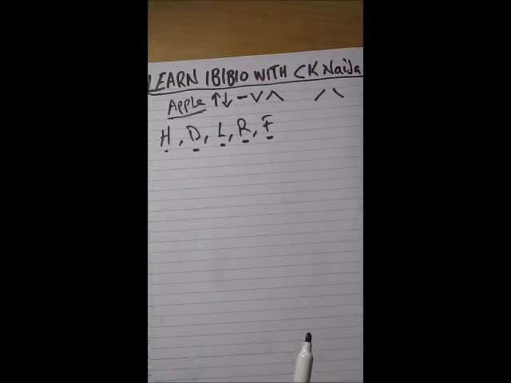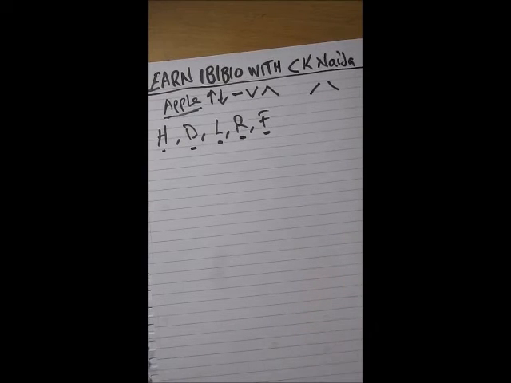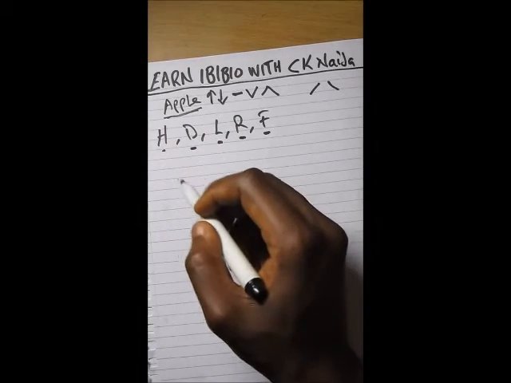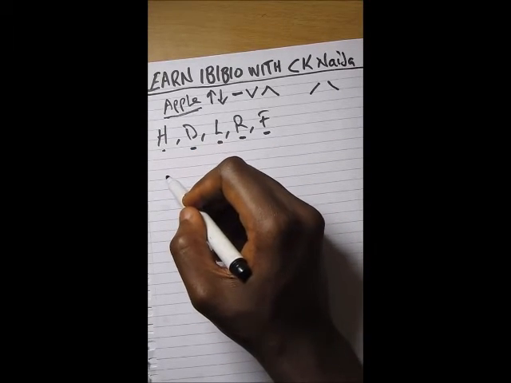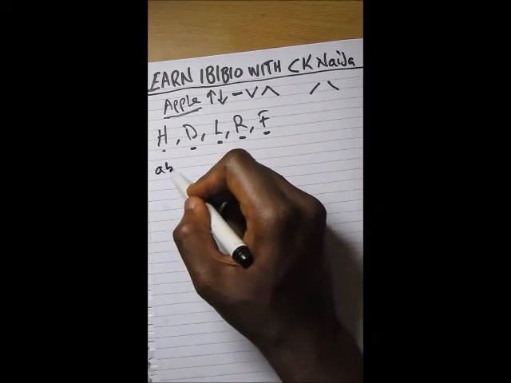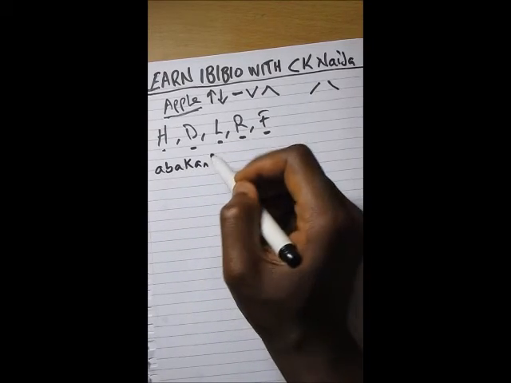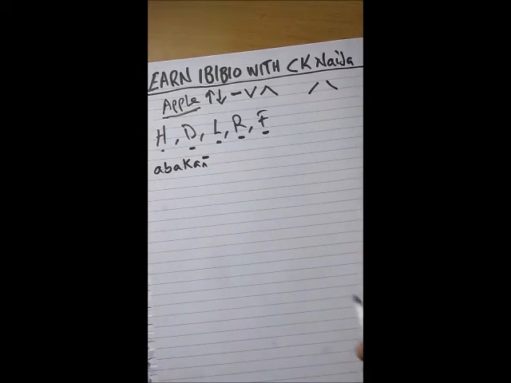Also, in the dictionary that I'm going to be using, there are slightly different spellings of words, so you can have different ways of spelling words. For example, the first example given in the dictionary is the word abakang, and that's how the main word is spelled.